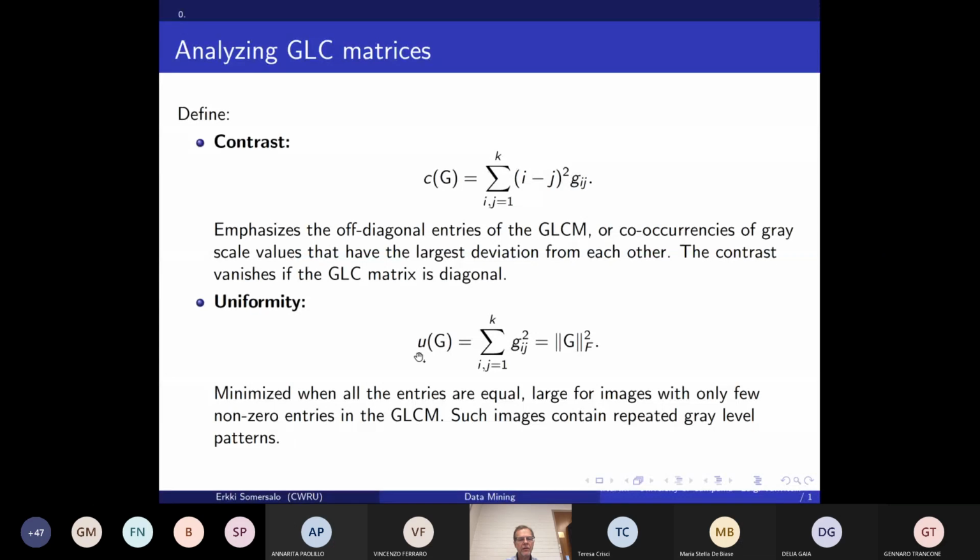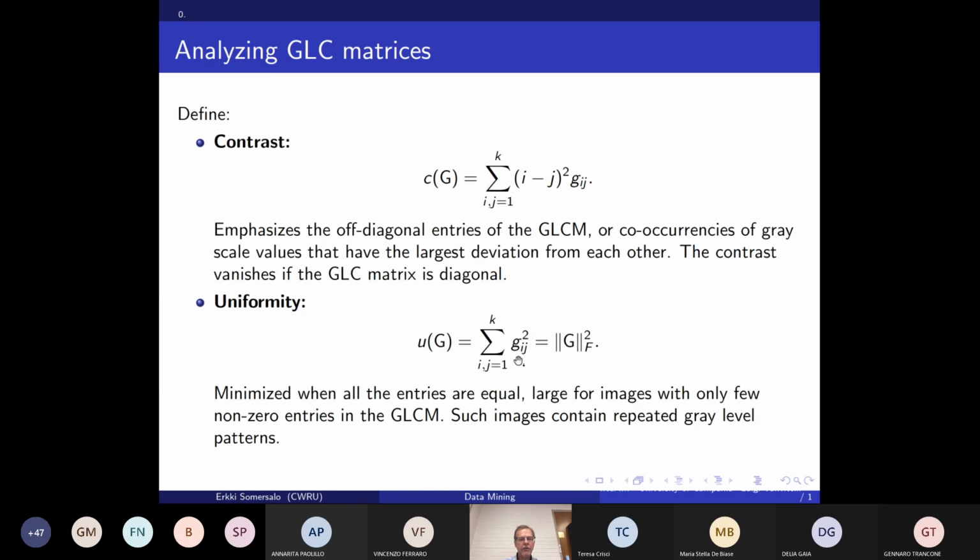Uniformity is basically the overall appearance of the image.